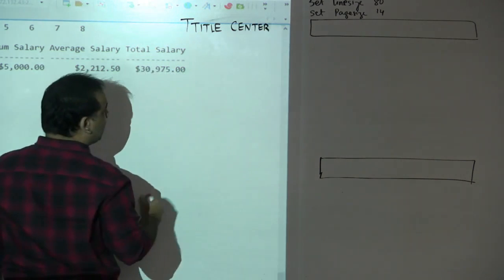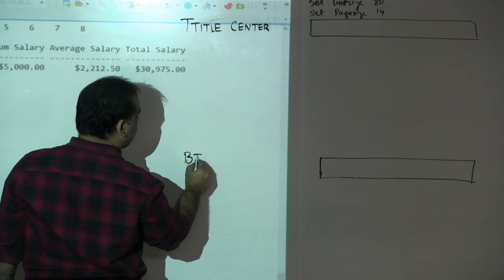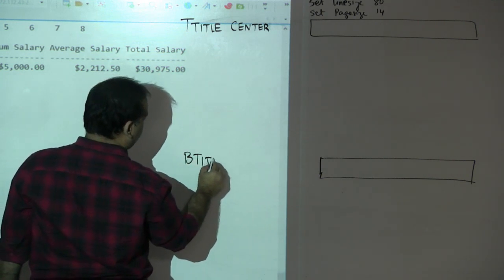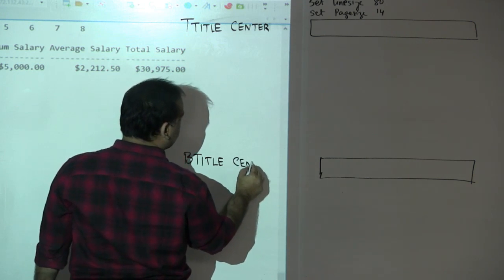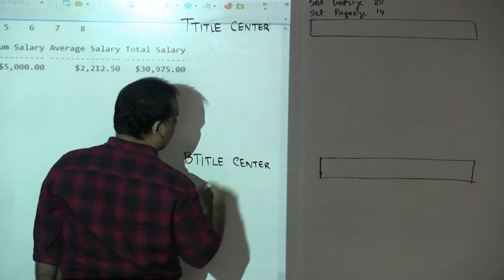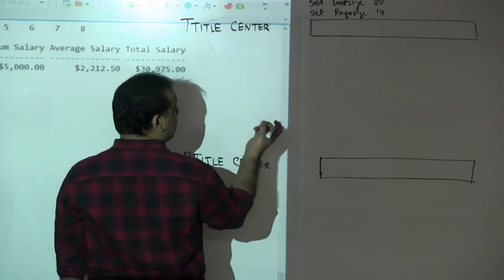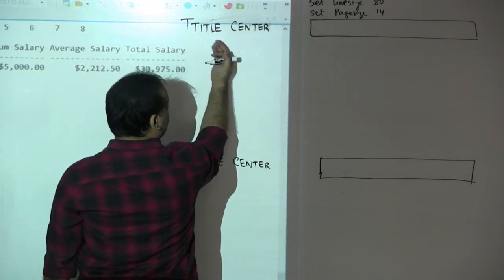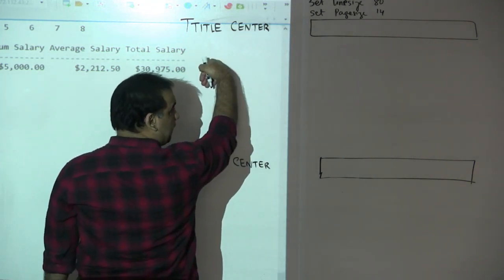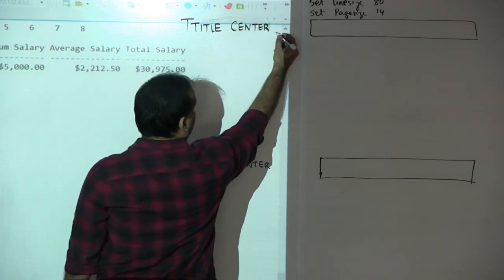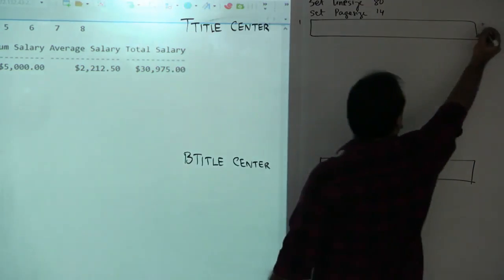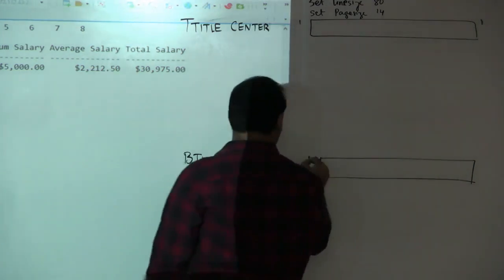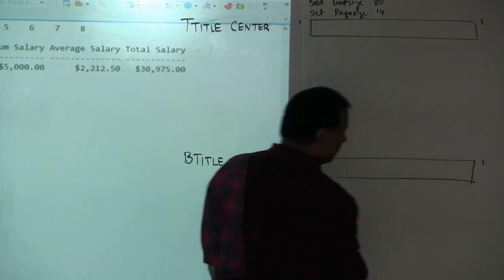For the bottom title, we use B title, and then if we want to put it in the center, we use center. Now, I want to use this and then use the next line below this to put the title. If I want to continue in the same line, I can just use the single quotation, put the title here, and with the single quotation. Use the same thing here.